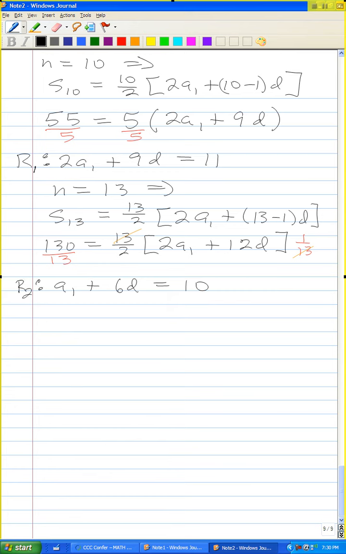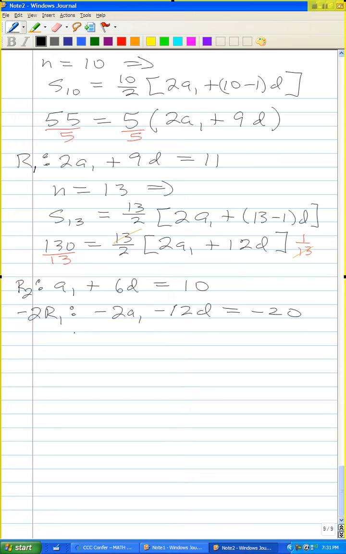Okay, so actually in this case I should have multiplied by, well, doesn't matter. Let me get rid of, I guess, the a1. So let's multiply R1 by negative 2. So we get negative 2a1 minus 12d equals negative 20.